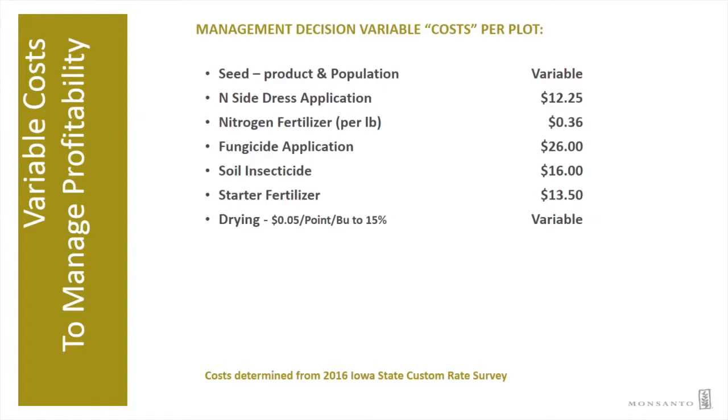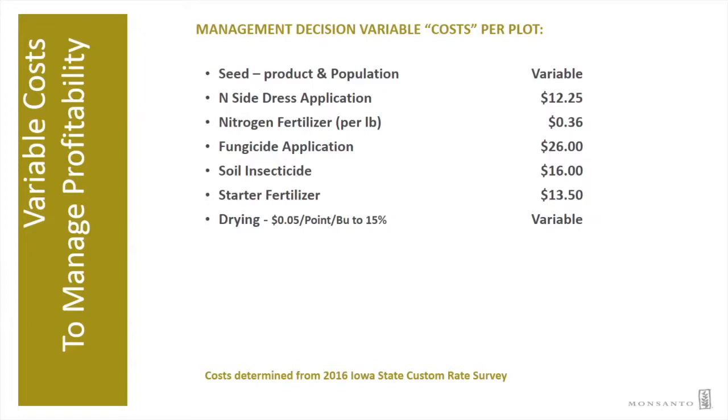So that's a decision: if you have enough corn rootworm present, you might as well just choose a Smart Stacks product versus a soil insecticide, but the soil insecticide option is available.